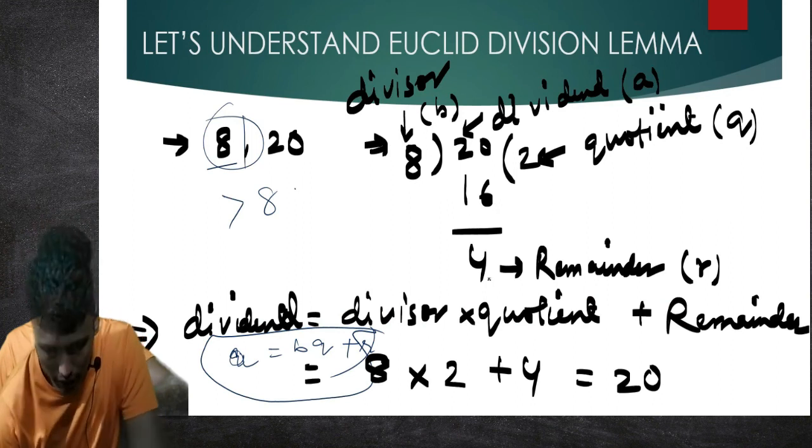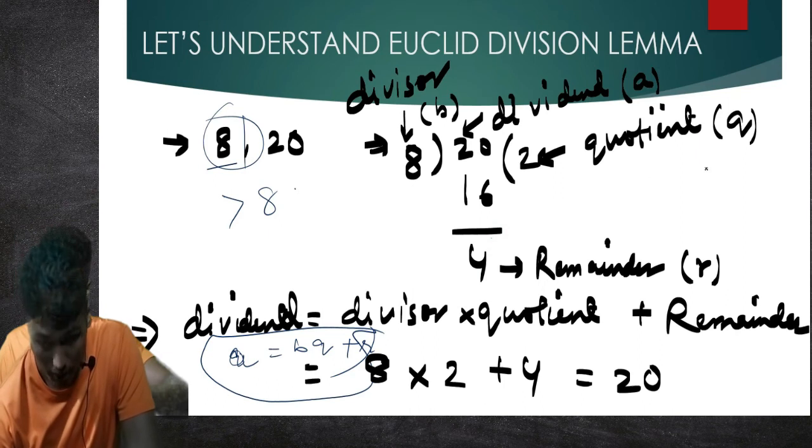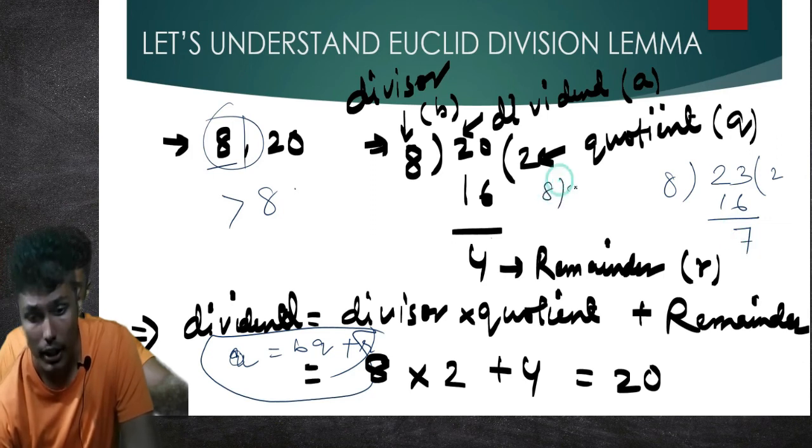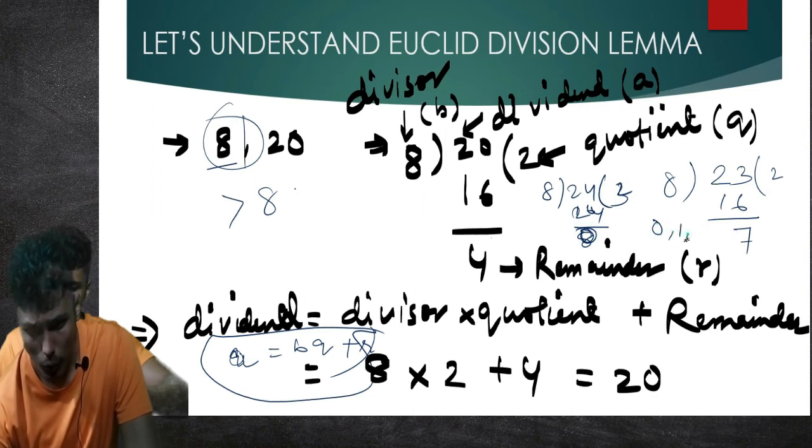Suppose we divide 23 by 8. 8 times 2 is 16, and the remainder is 7. Suppose we divide 24 by 8. 8 times 3 is 24, and the remainder is 0. So the remainder can be 0, 1, 2, 3, 4, 5, 6, 7, but it cannot be 8, right?